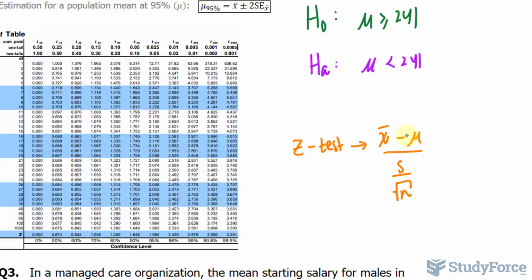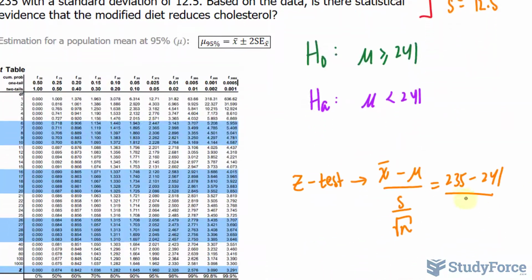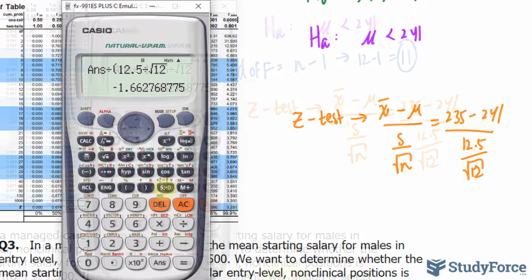Now, substituting these values, remember it was 235 minus 241 over s, which is 12.5, divided by the square root of 12. Let's go ahead and use our calculator. 235 minus 241 divided by 12.5 divided by the square root of 12. And we get negative 1.66.